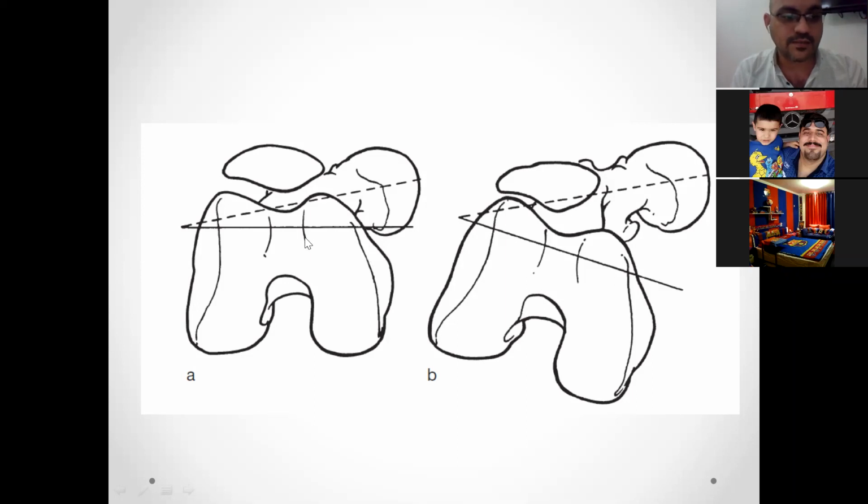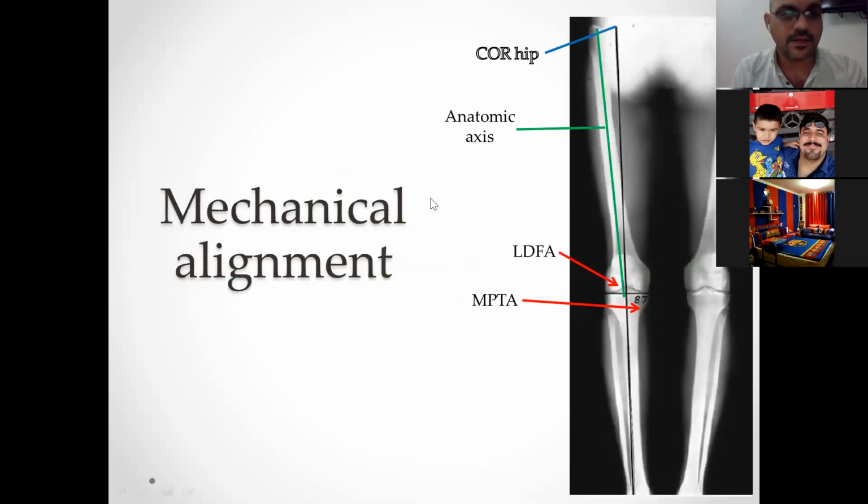Failure to appreciate this will present as abnormal femoral anteversion, which leads to malrotation of the patella, as you see in picture B, sometimes with patellar maltracking, and will cause significant pain in the patella. So these are the formations of the femur, tibia, and the patella.